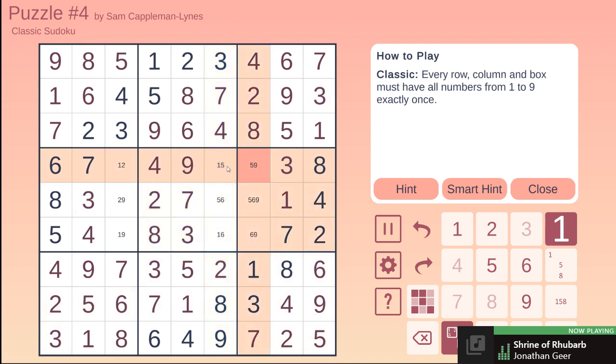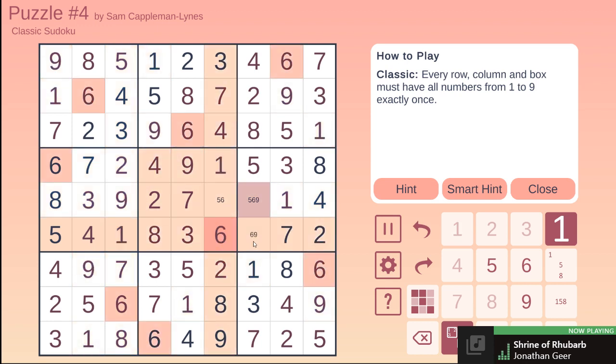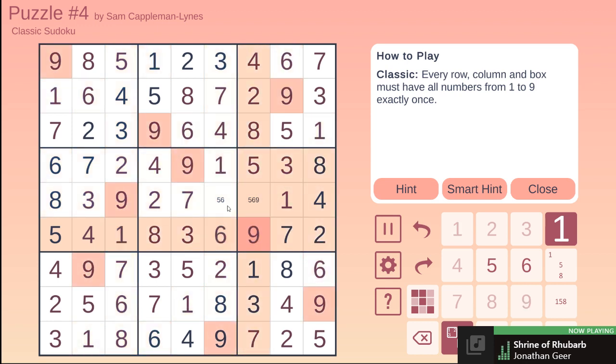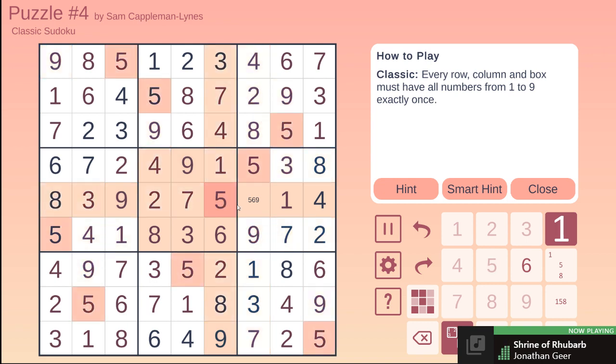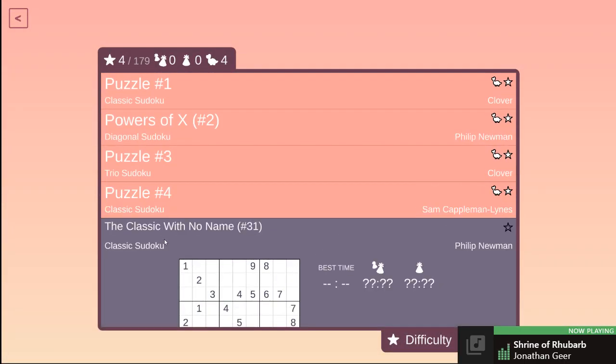Well, this can't be a 9, because there's already a 9 right there. This is a 5. This is a 1. This is a 2. This is a 9. This is a 1. This is a 6. This is a 9. This is a 5. This is a 6. And that's the puzzle. Hell yeah. That's a good one. I like that one.